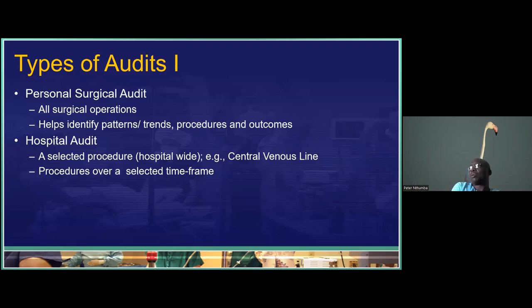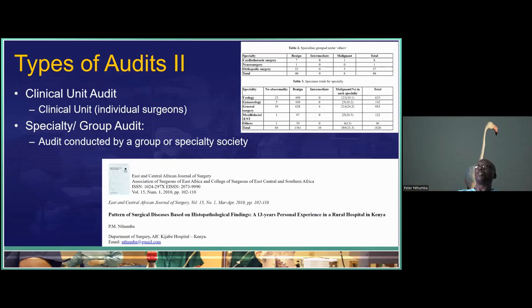Hospital audits may be maybe a selected procedure, CV, central venous line. How long should it stay? How many actually get infected? Or procedures of a selected time frame. Clinical unit audits.